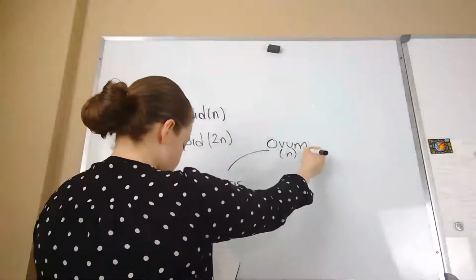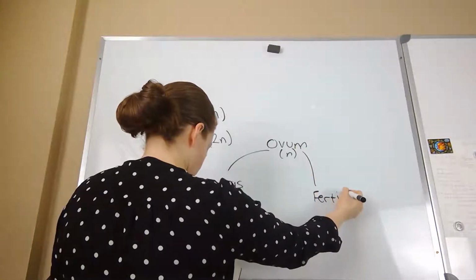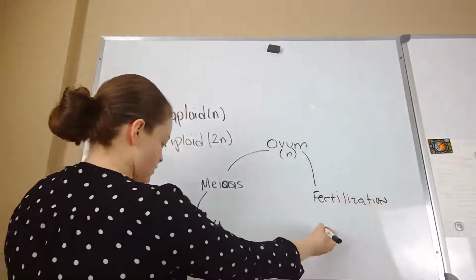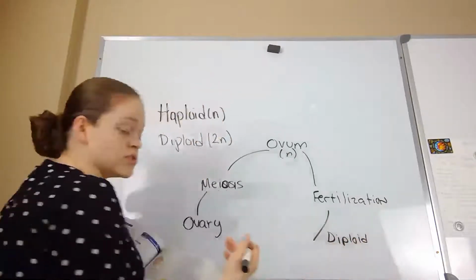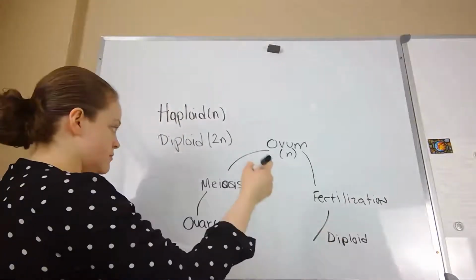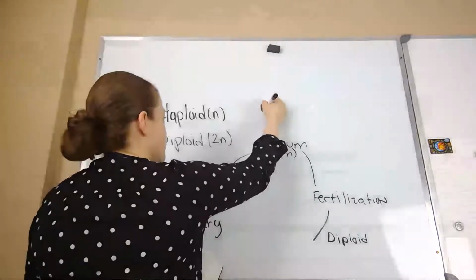And then you have your fertilization. And then after that, it becomes a diploid, which is your 2N, okay? And the N being like 23 gametes, okay?